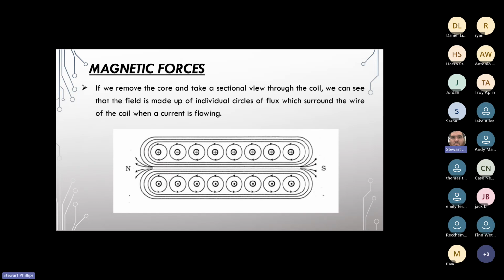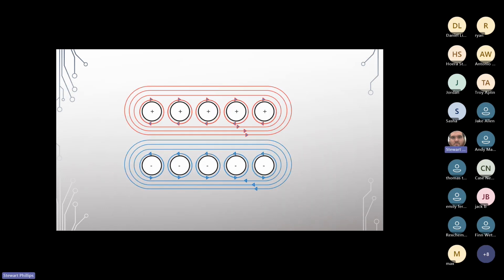So we can see the current flowing into the page at the top and out of the page at the bottom, and the way that the magnetic flux lines interact, creating a north and south pole inside the coil. Here we have, I don't know how well it's showing up on your end, a diagram showing that.